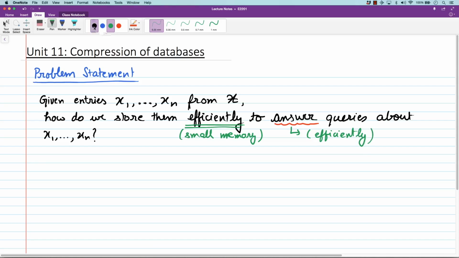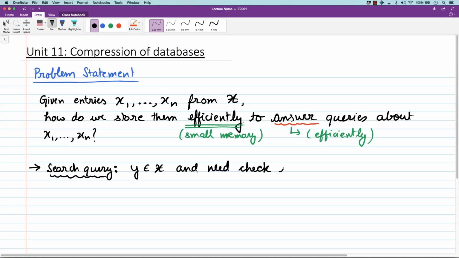So in particular, we are looking at one specific kind of query, search query. So in this query, what we will see is that you're given a y from X, and you need to check if y belongs to these entries x1 to xn or not, which you have stored.